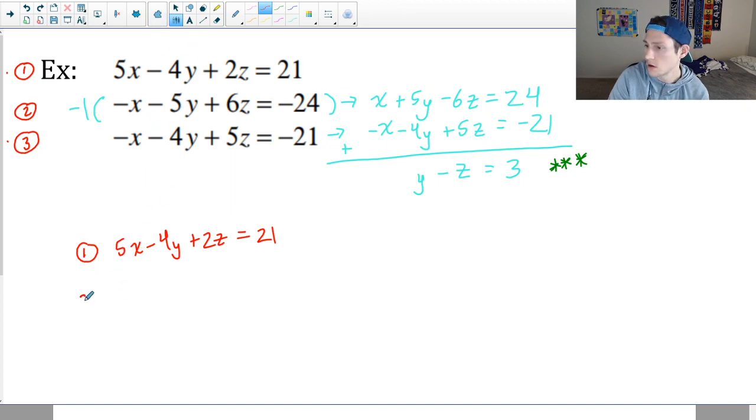So what do I need to do to that third equation? I need to multiply it by 5. It already has the negative sign, so now I just need to make it negative 5. So I'm going to multiply that whole thing by 5. That would give me negative 5x. Negative 5 times negative 4 plus 20y. Negative 5 times 5 minus 25.